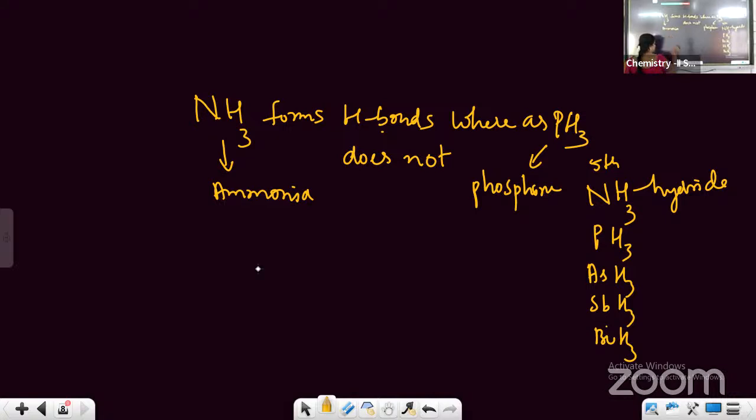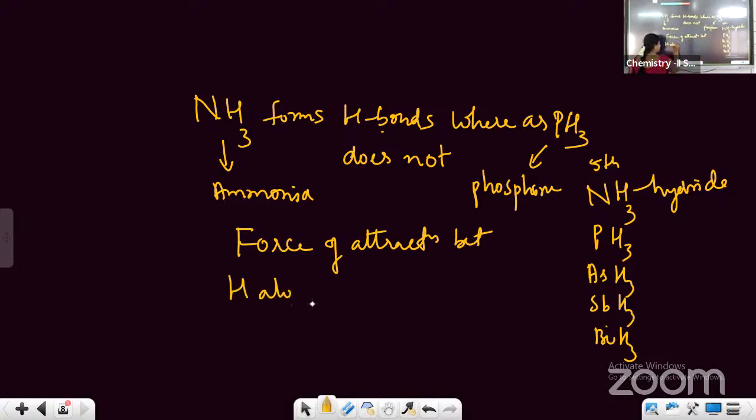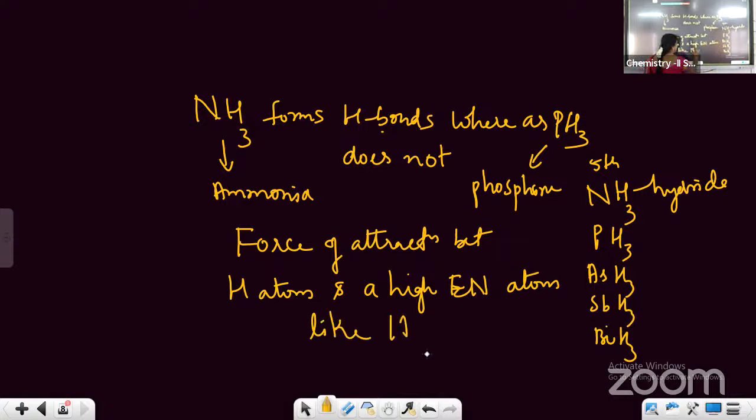It is the force of attraction between a hydrogen atom and a highly electronegative atom, like which electronegative atoms? Nitrogen, oxygen, fluorine. Hydrogen can form hydrogen bonds only with these three.